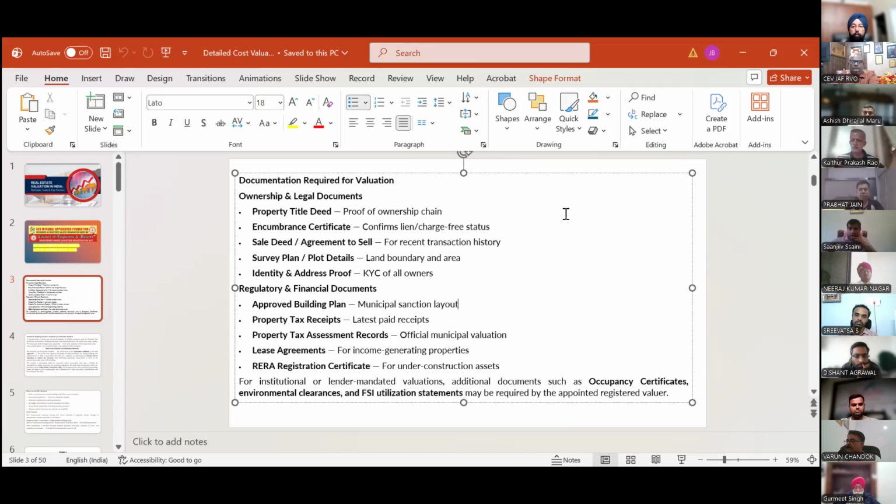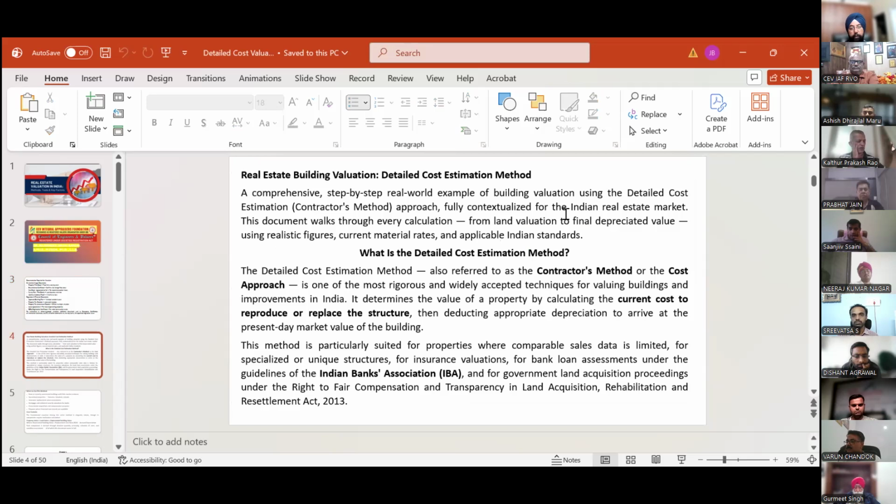All these documents you have to look for before doing the valuation.